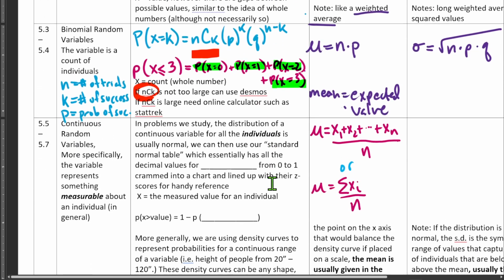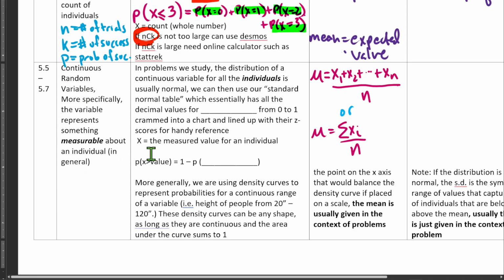Let's do continuous. Now, the binomial random variable is an example of a discrete variable, and it's the most classic, essential example where you have a count and a probability of success for each trial. Now, continuous random variables are very different. We're not looking at a count of individuals. What we're doing is we have a population of individuals, and we're measuring something about them.